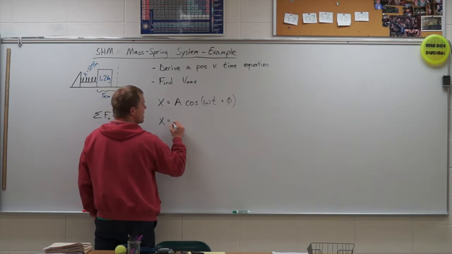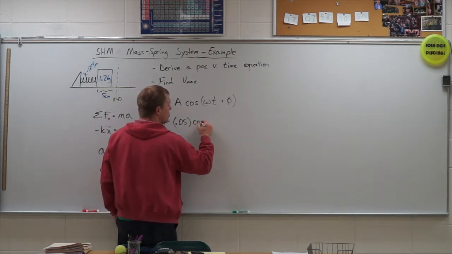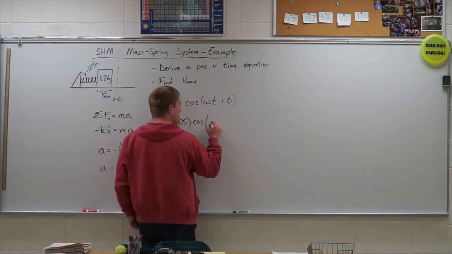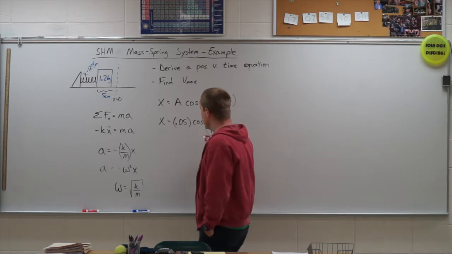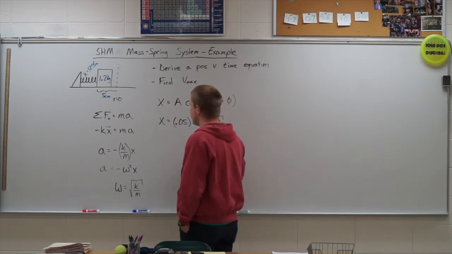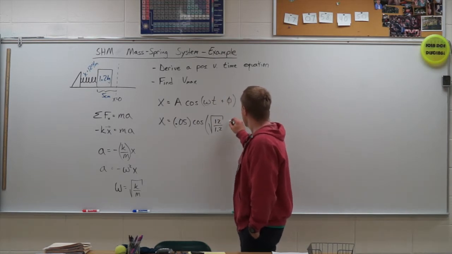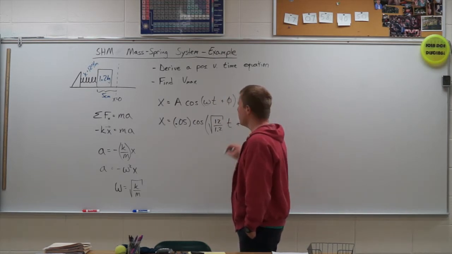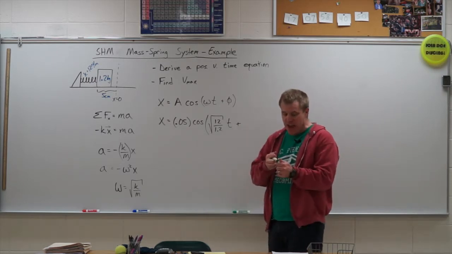So I have x is equal to 0.05 times the cosine of my omega value, which is the square root of my spring constant divided by my mass, 1.2, times t plus phi.